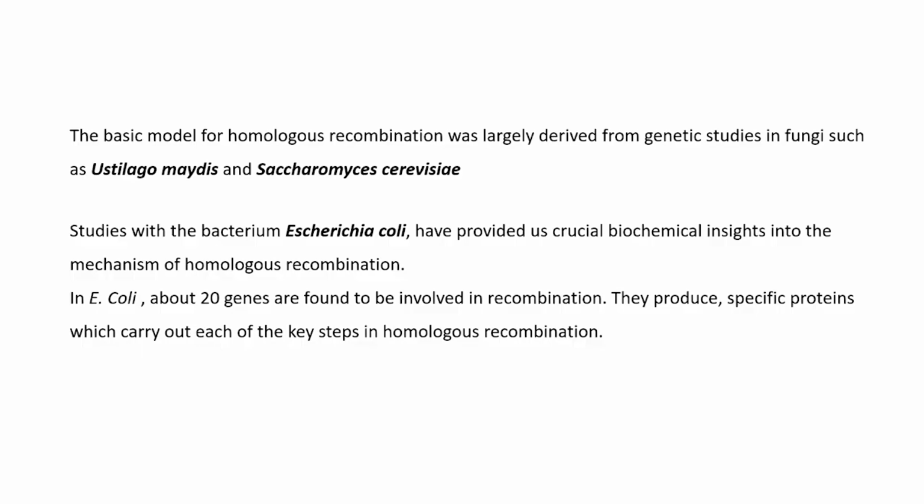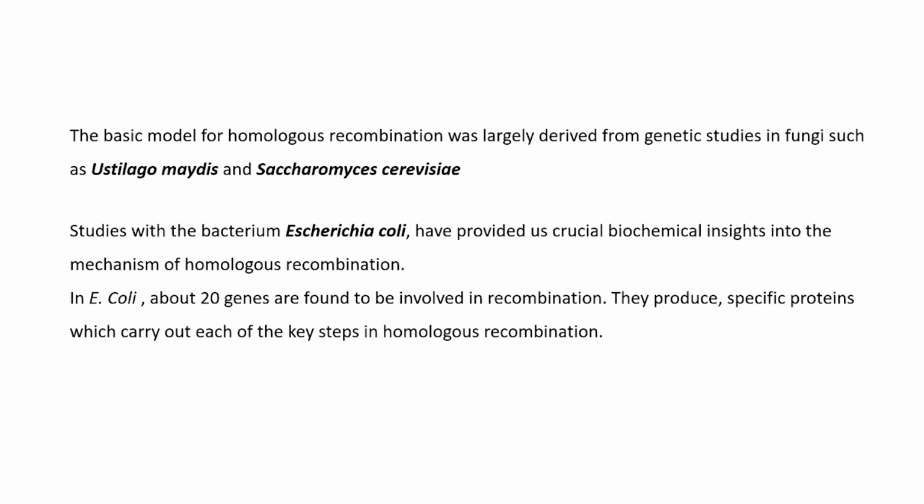The basic model for homologous recombination was largely derived from genetic studies in fungi such as Ustilago and Saccharomyces. Studies with the bacterium E. coli have provided us crucial biochemical insights into the mechanism of homologous recombination. In E. coli, about 20 genes are found to be involved in homologous recombination.